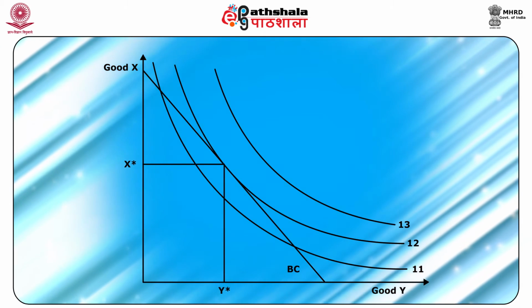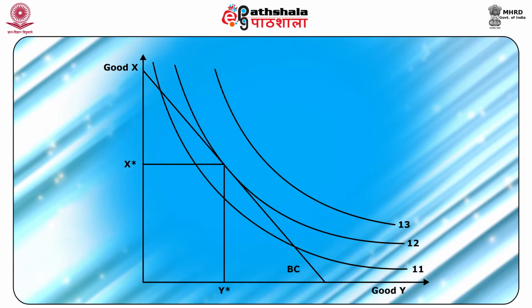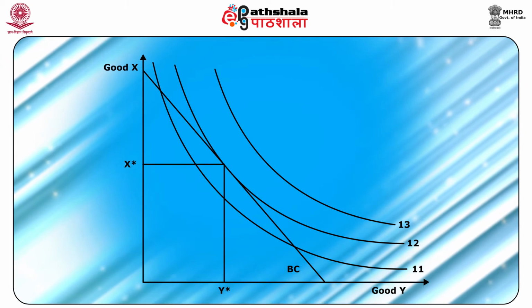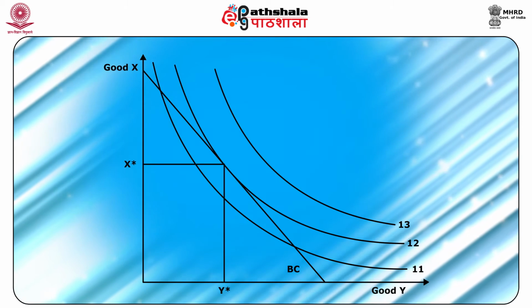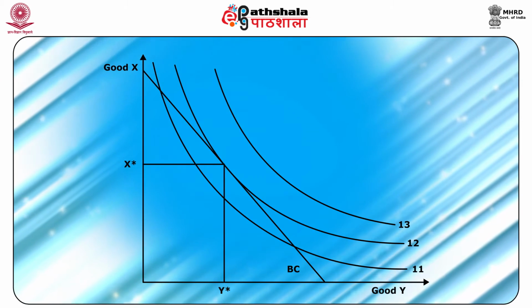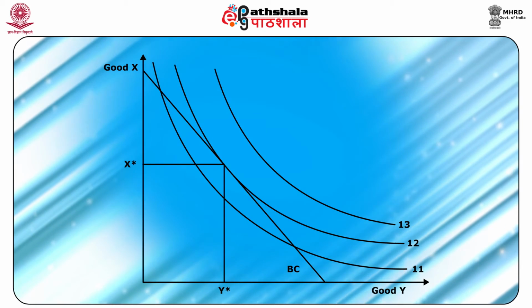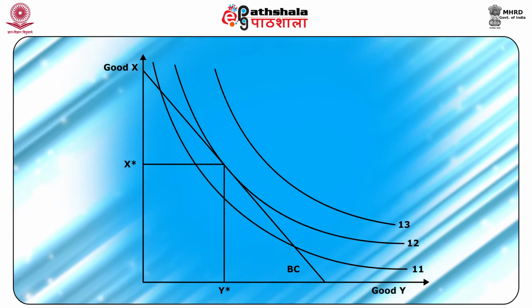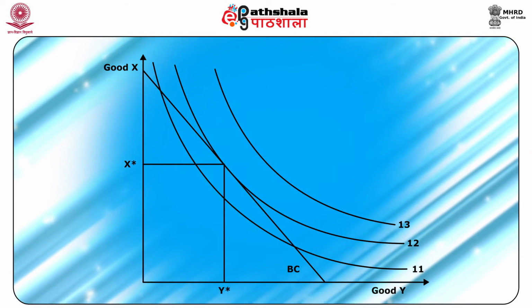The points that lie along I1 are inferior to I2. The points that lie along I3 are superior to I2 but are out of bounds for the consumer since they lie beyond the budget constraint.